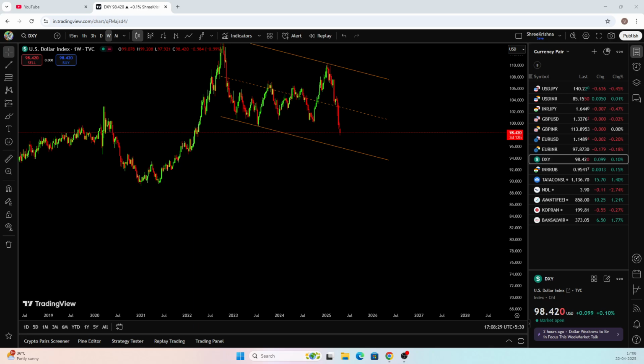So when it is going down, we will probably see our currencies gain more. I mean, we may see some currency variation in the pricing.